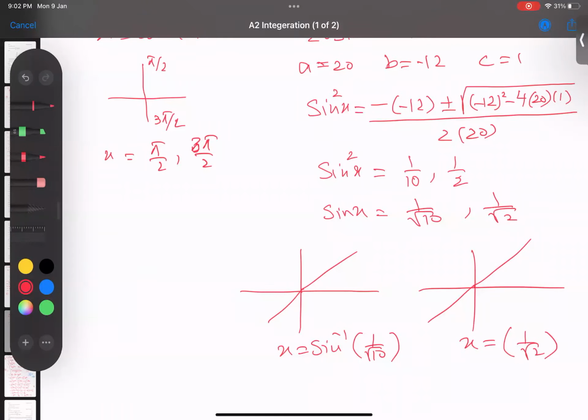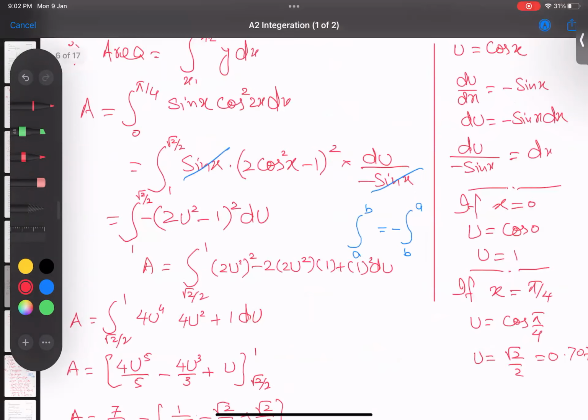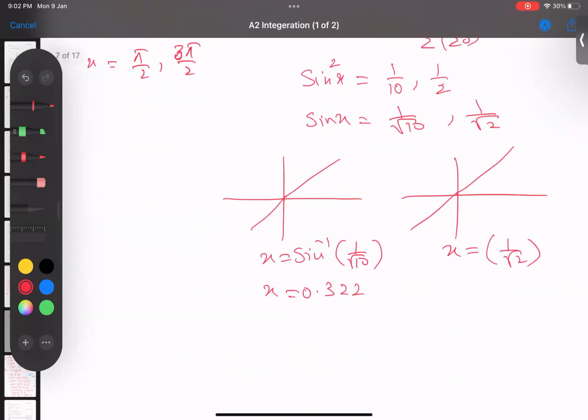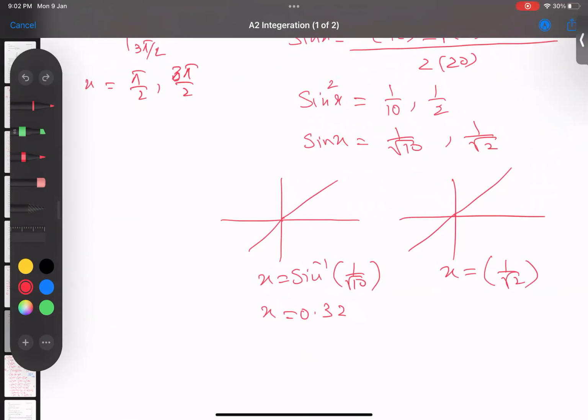So when I type in the calculator now, radian mode, make sure it is in radian mode. So sine inverse 1 divided by root 10. The first answer I'm getting is 0.322. Let me check whether 3 dp or 2 dp is asked for. 2 decimal places. So 2 dp means 0.32.